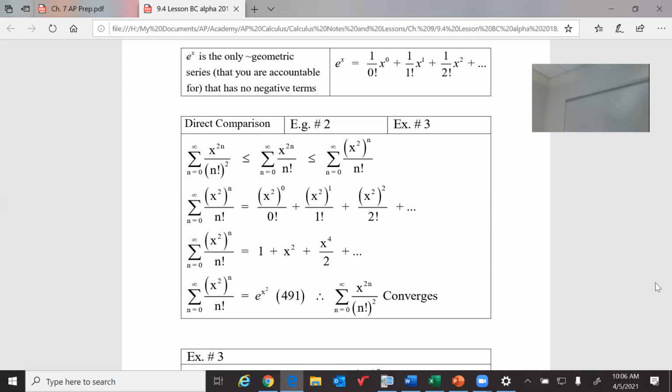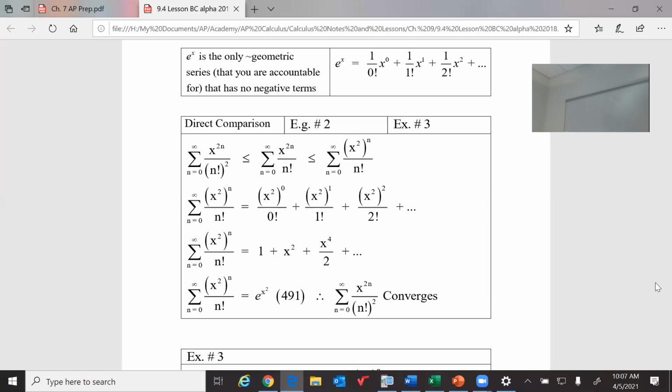And then I'm showing you here, go to page 491 of your book. If you look on page 491 of the textbook, there's a table of what you're accountable for. That gives you sine, cosine, and e to the x.